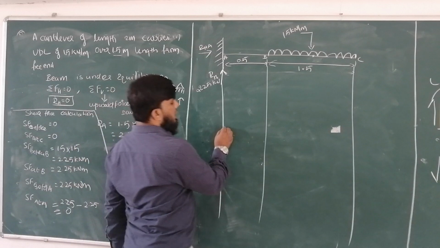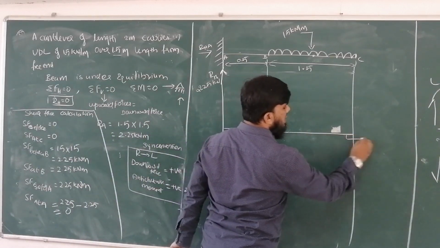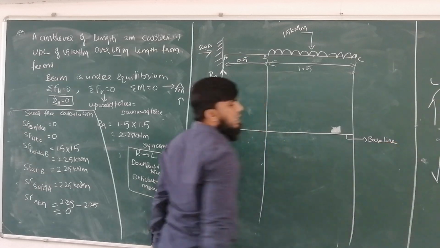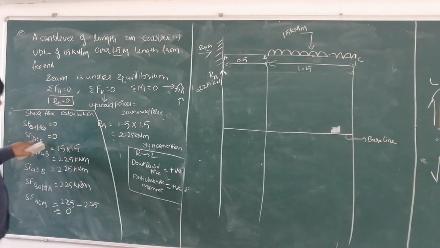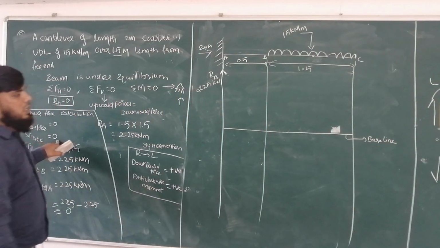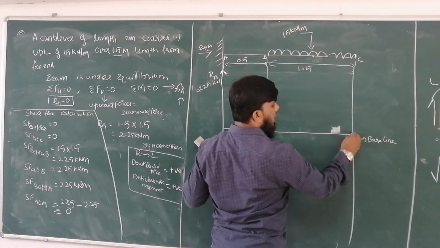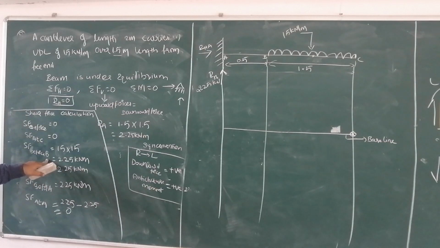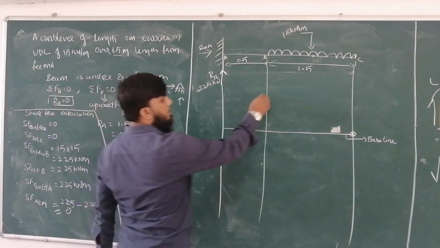Let us take a diagram here. This is the baseline, baseline means the 0 line. At point A, what is the load? 0. I will highlight this point. Next, at point B, what is the value? 2.25.